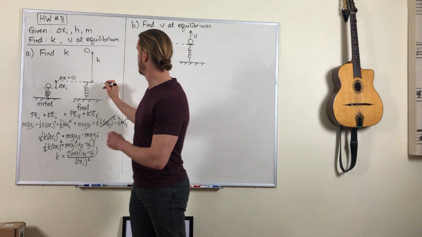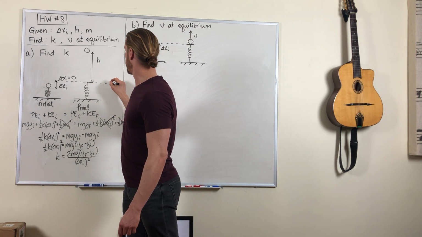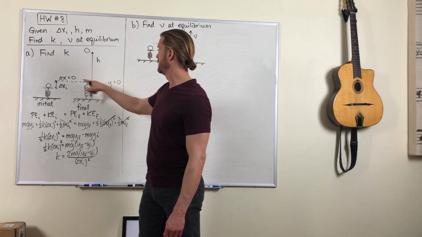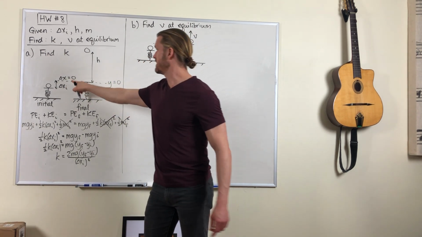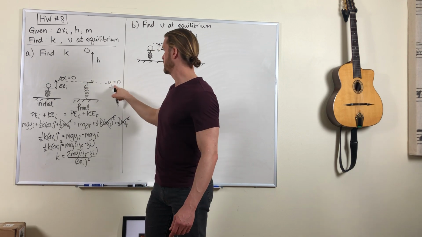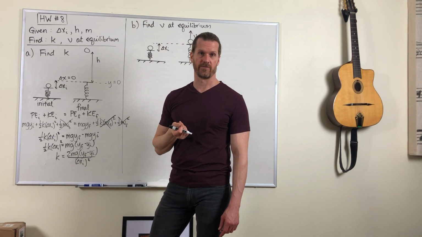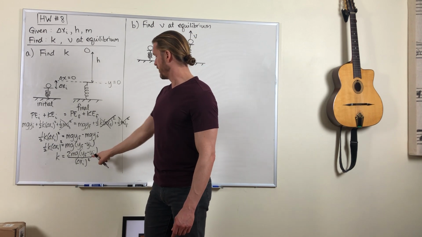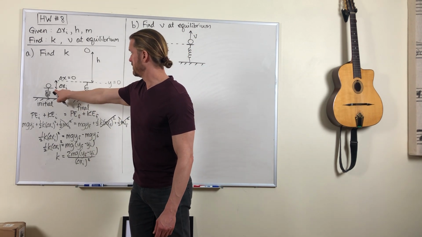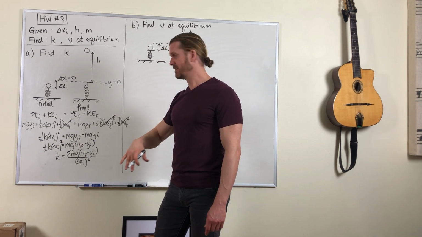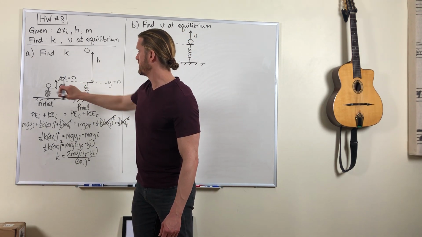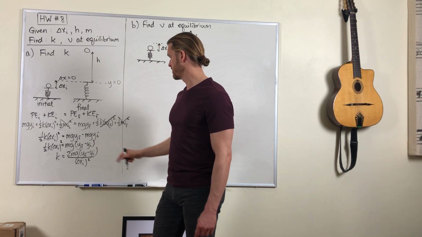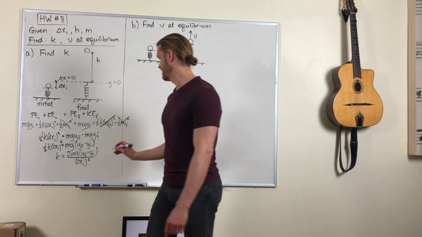So let's say that this height is also y equals 0. Not only is it the equilibrium position of the spring, but let's also call it the zero height for gravitational potential energy. So that means that we started out below. So that's going to be negative x initial in here. So there'll be two negative signs.